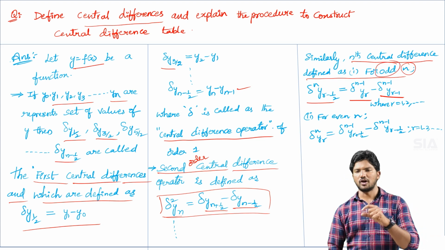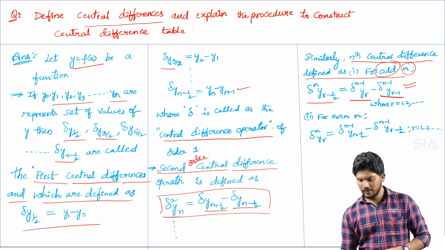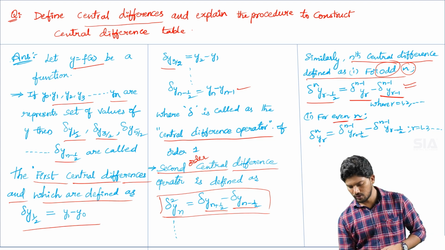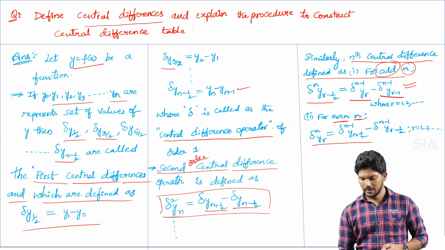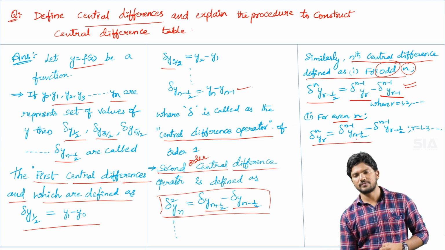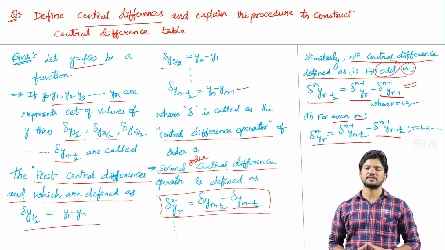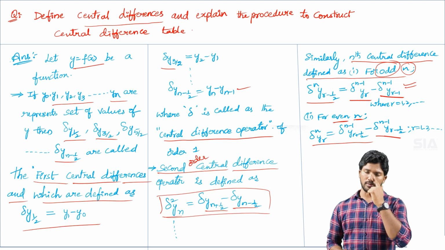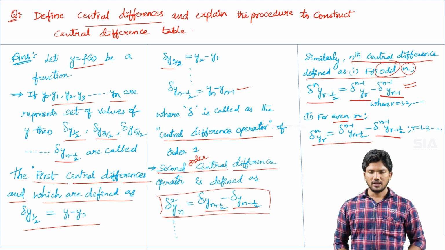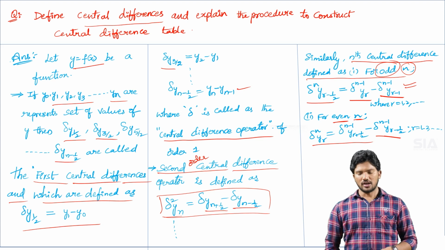For n odd, you have to use this formula. Whenever n is an even integer, you have to use this formula: delta power n y suffix r is equal to delta power n minus 1 y suffix r plus 1/2 minus delta power n minus 1 y suffix r minus 1/2, for r equal to 1, 2 up to so on. So this total gives the central differences and central difference operators.